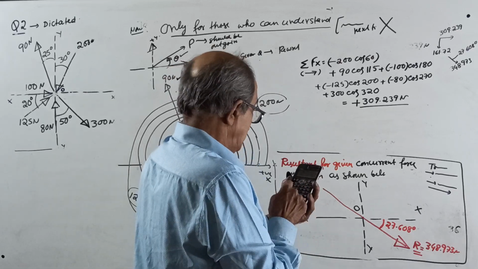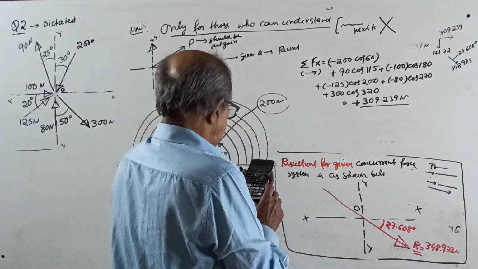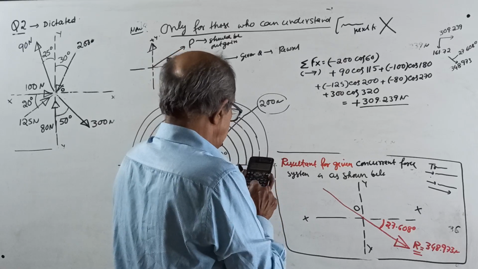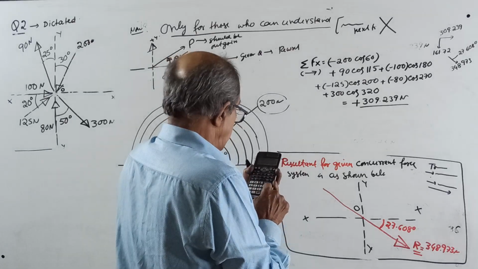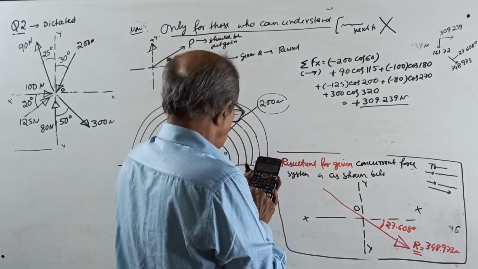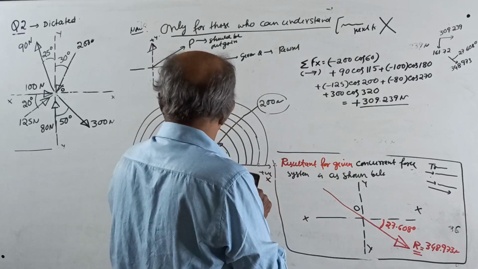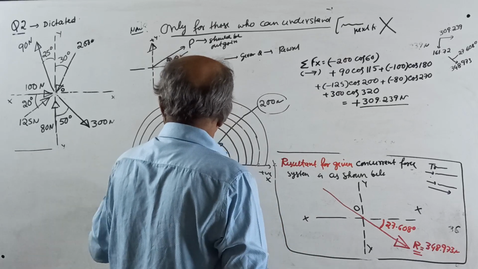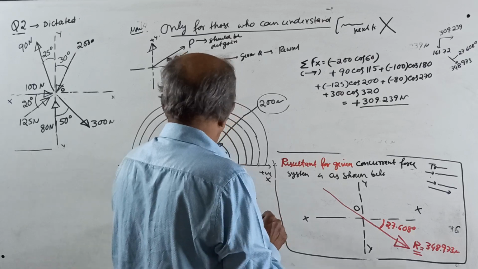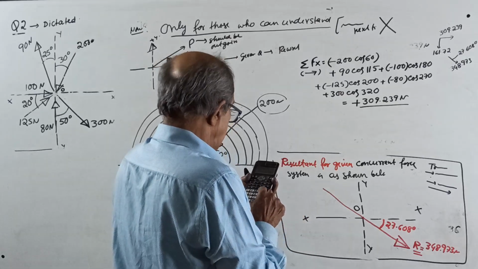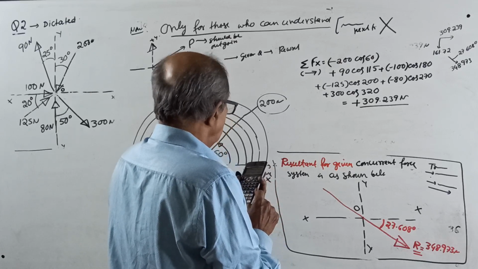Once again, one minute. Minus 200 into cos 60, correct. Plus 90 into cos 115, that's also correct. Minus 100 into cos 180, perfect. Then minus 125 into cos 200, that is okay. Then minus 80 into cos 270, perfect.